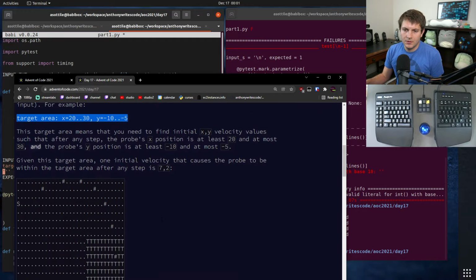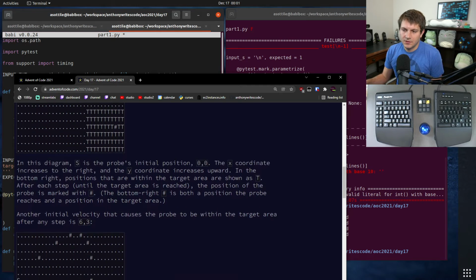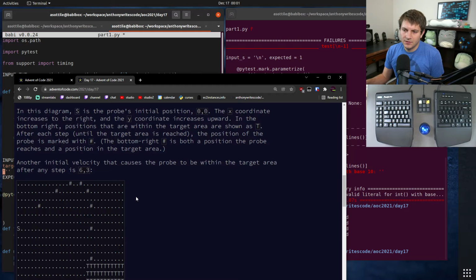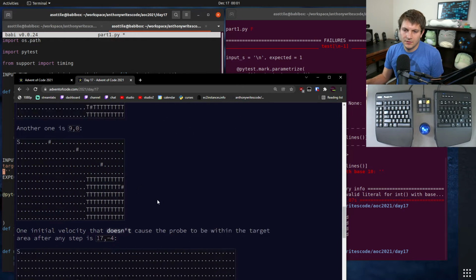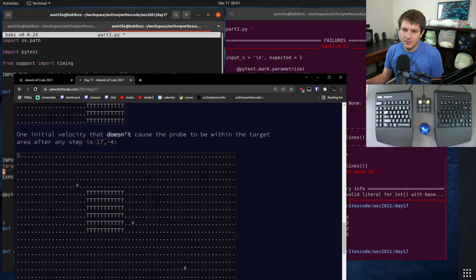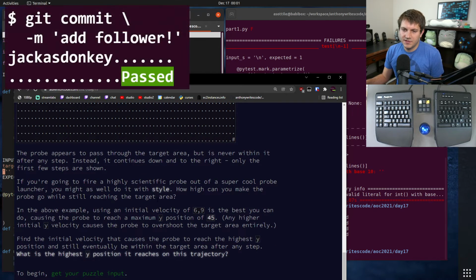In this target area, one initial velocity causes the probe to be within the target area after any step, it is 7, 2. Got it. Yep. Probe appears to pass through the target area, but is never within it after any step. Instead, it continues down to the right.